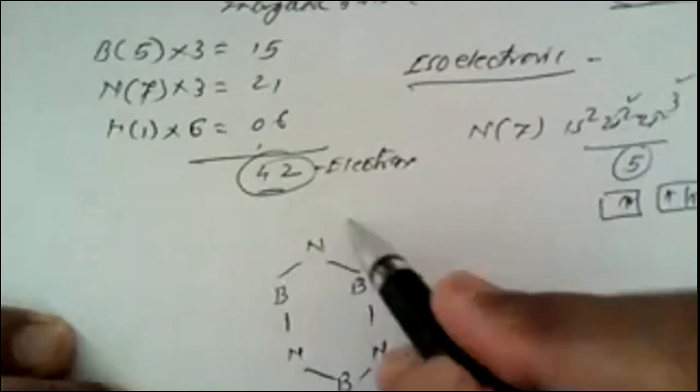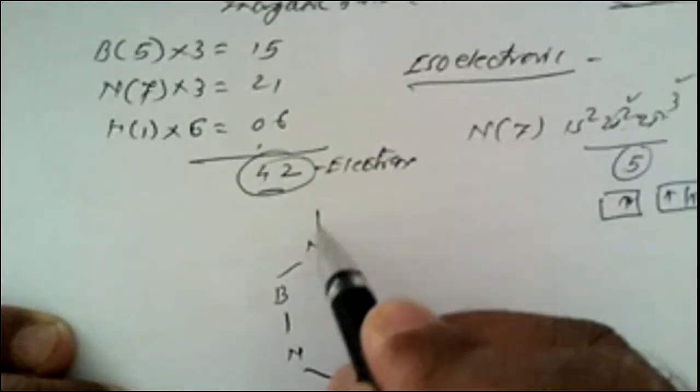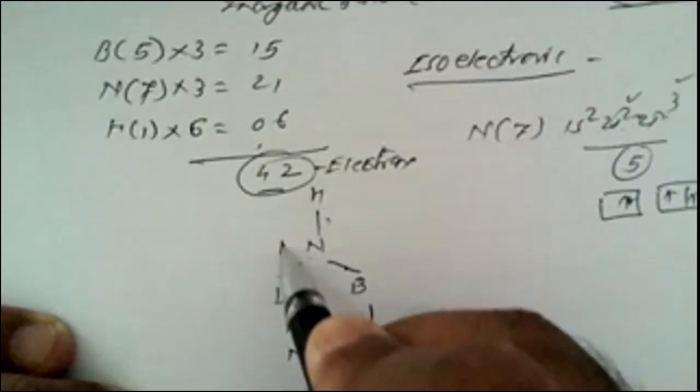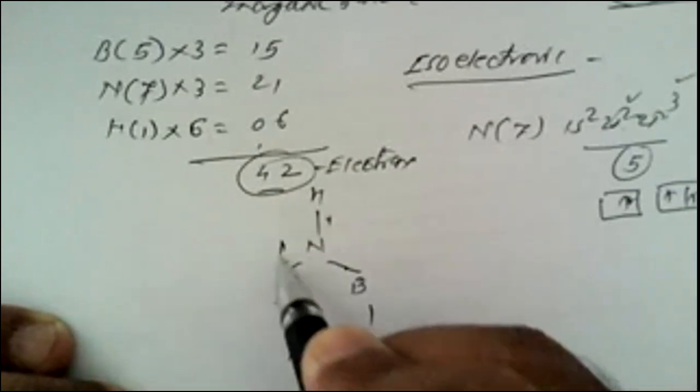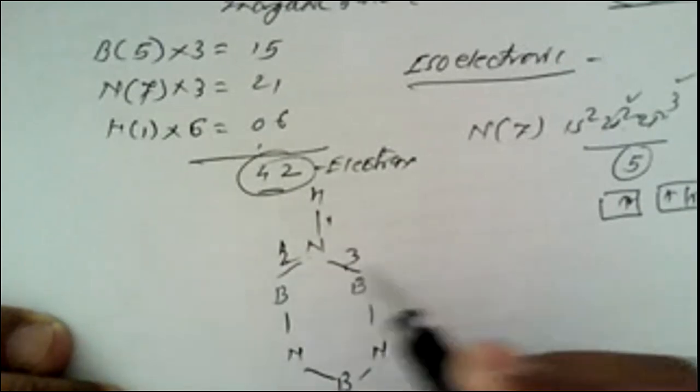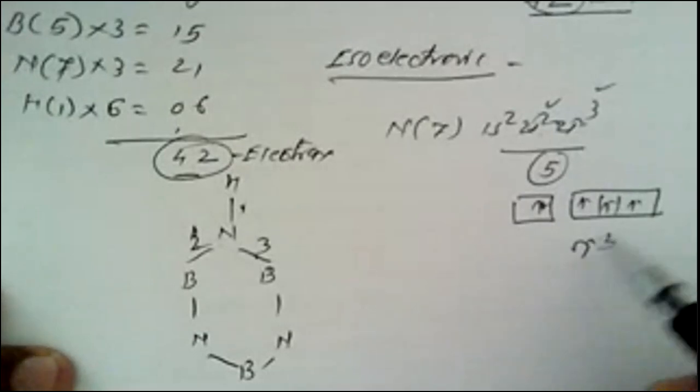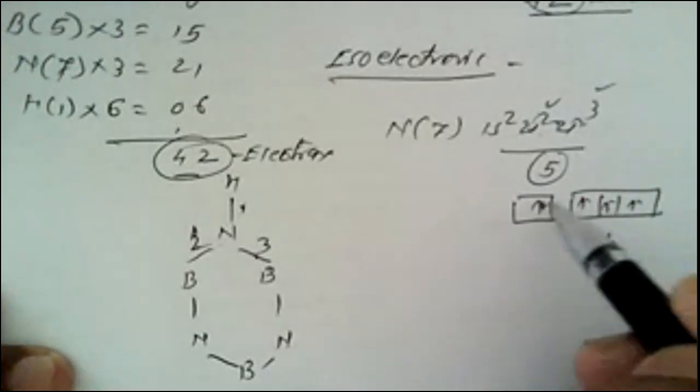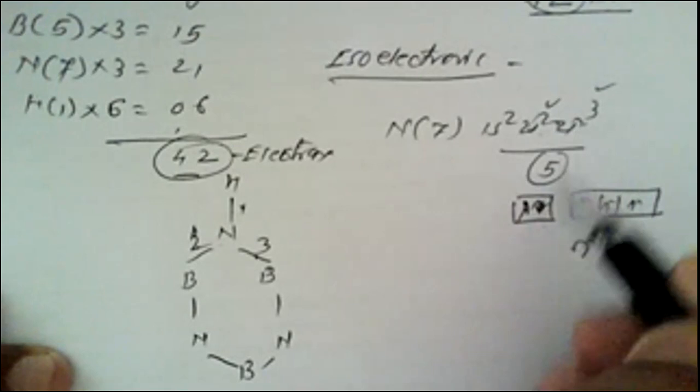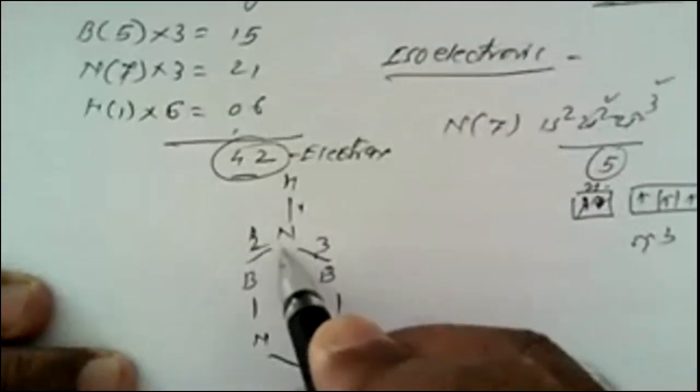So nitrogen can form these three bonds, first, second, and third. These three bonds are formed on account of sp3 hybridization of nitrogen. But one lone pair of electrons, that is from 2s, is left here.